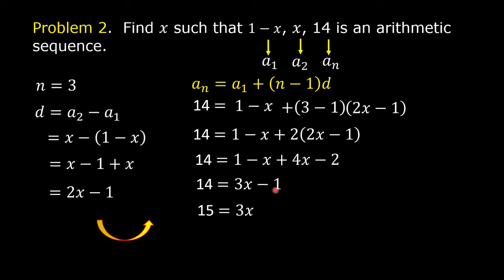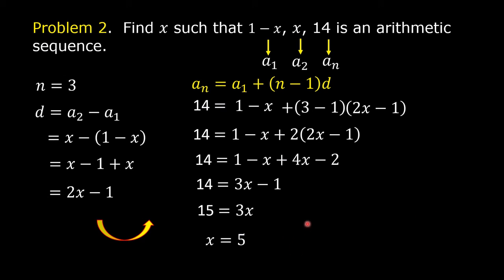Transpose negative 1 to the left side, then add it to 14. And 14 plus 1 is 15. So 15 is equal to 3x. Divide both sides by 3. So x is equal to 5.